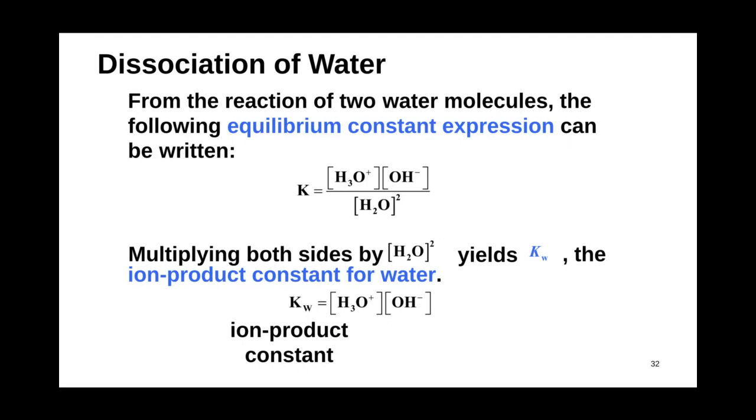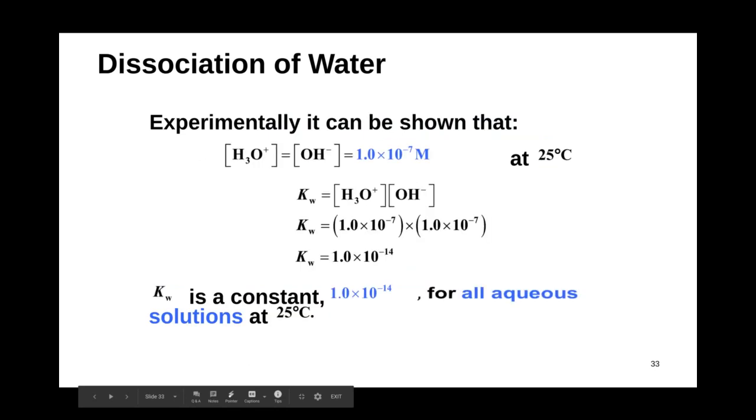Now, very much like we did for the Ka, we can multiply both sides by water squared. Thus, we yield Kw, the ion product constant of water, which equals the concentration of hydronium times the concentration of hydroxide. So again, this is our ion product constant, or Kw.